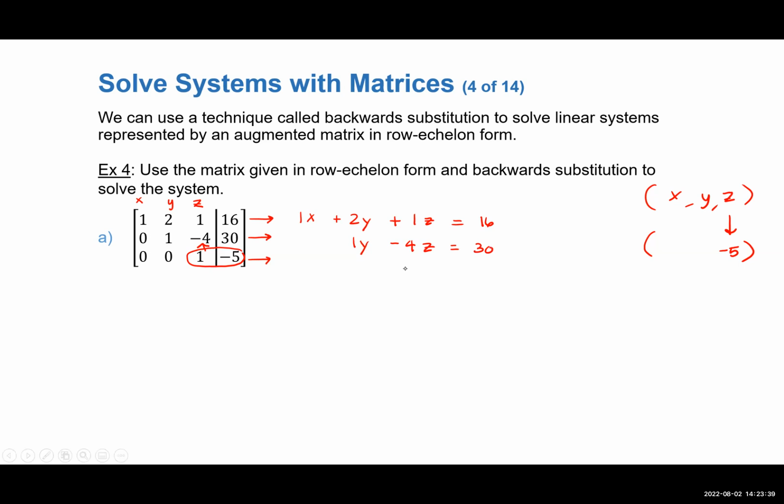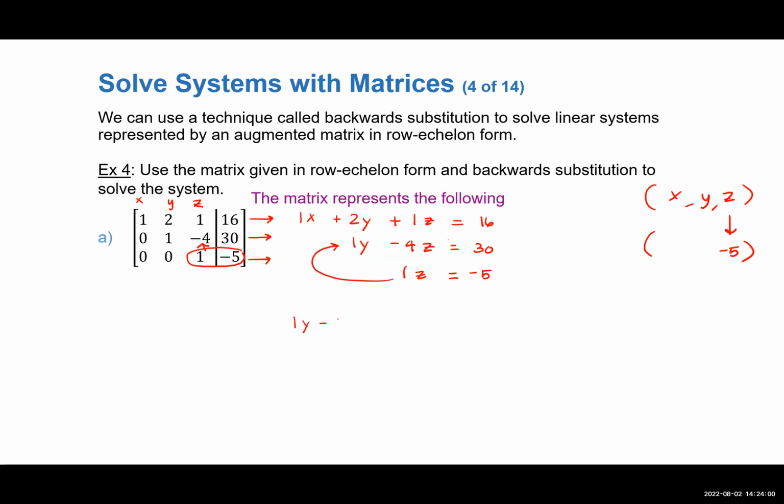And then my third and final equation is 1z equals -5. So I already have my z equals -5. Now I can take this -5 and plug it into this next equation.